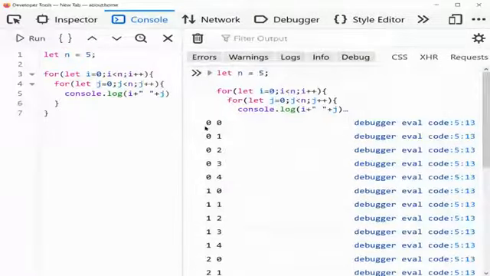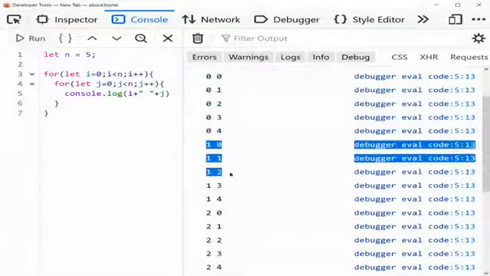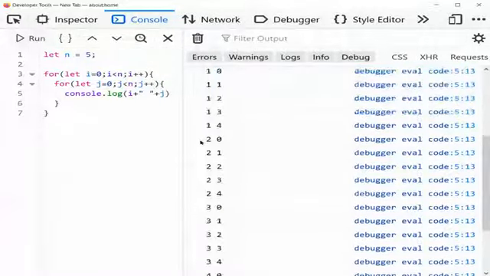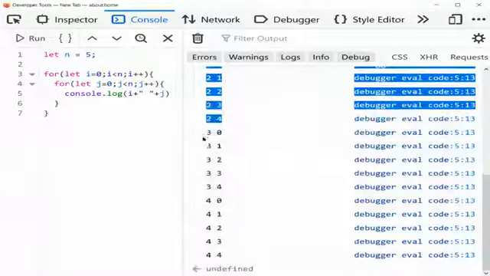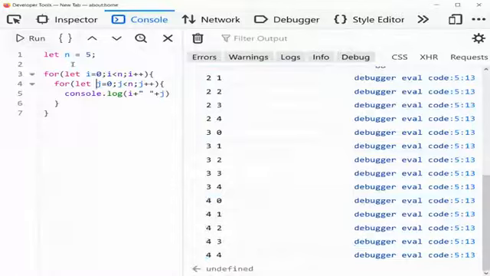see, for zeroth case, how many times did it run? 5 times. For 1, again 5 times. That is 10. It is 15. It is 20. It is 25. So can I say for my input 5, the entire thing ran for 25 times, right? Can I say that?